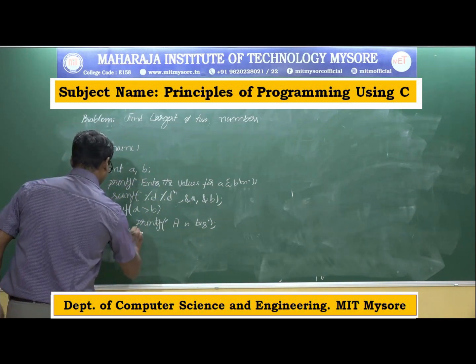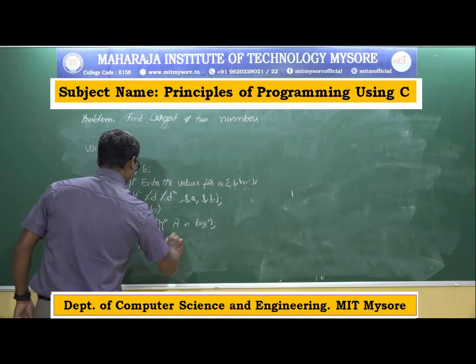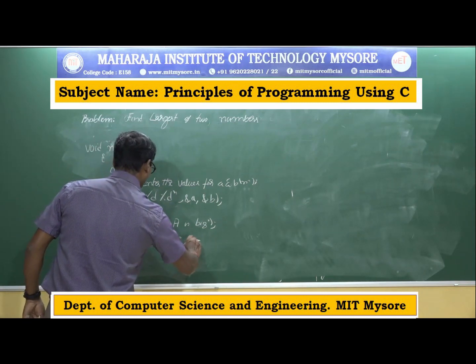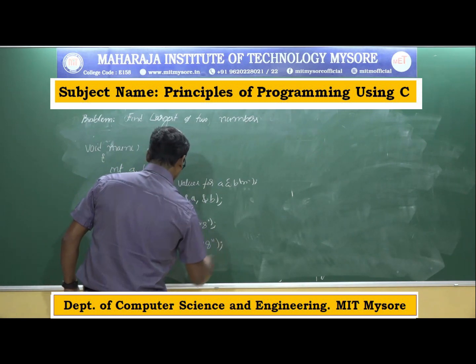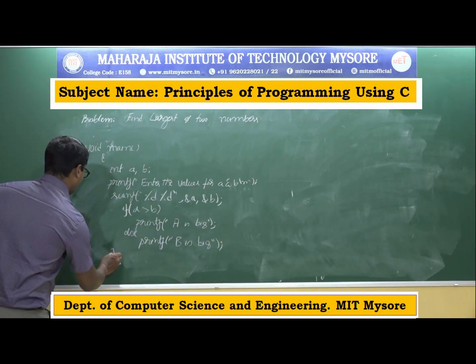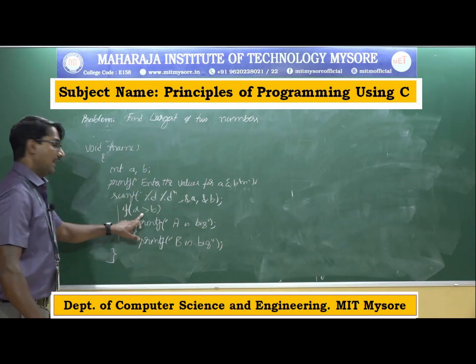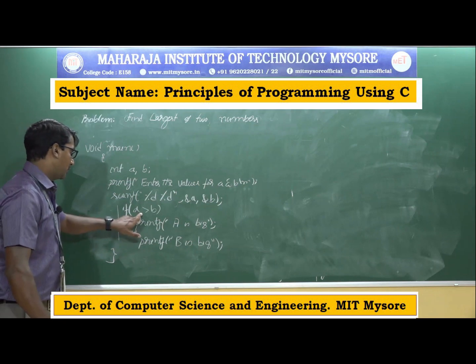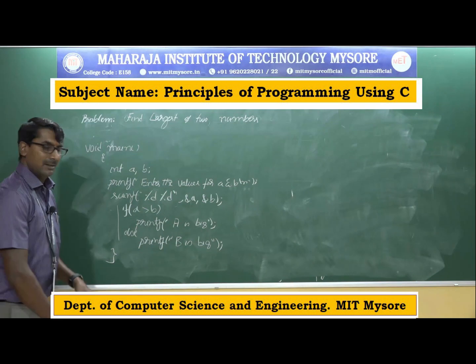Else printf B is big, then close. So here the condition is if A greater than B. If the condition is true, printf A is big, else print B is big.